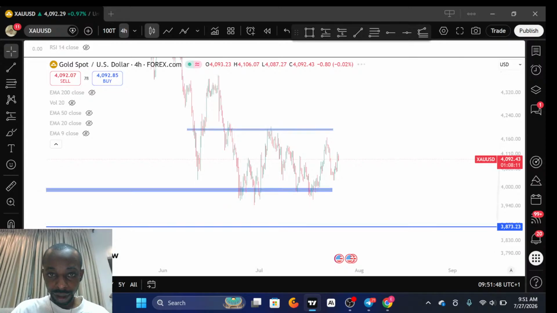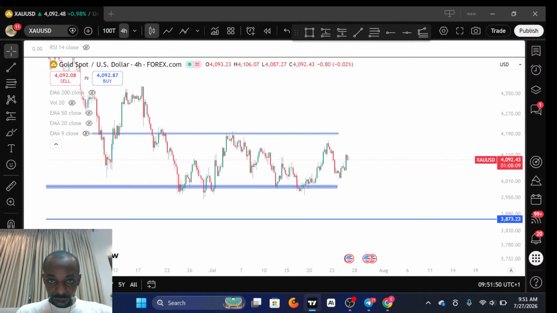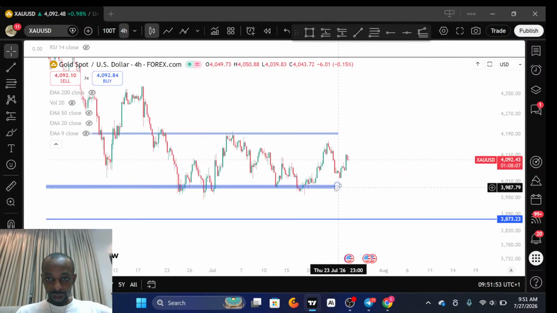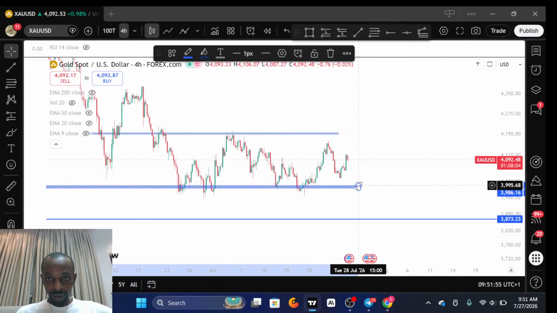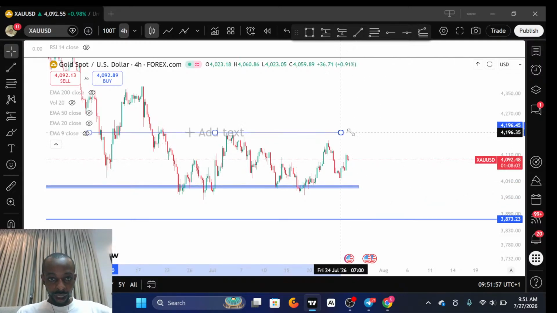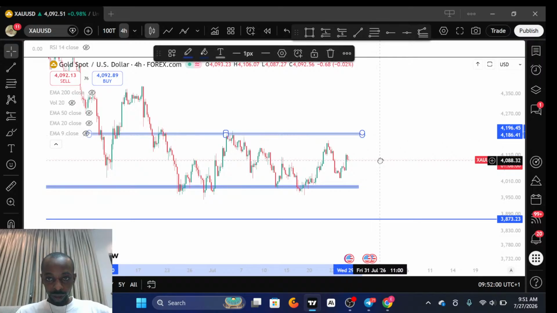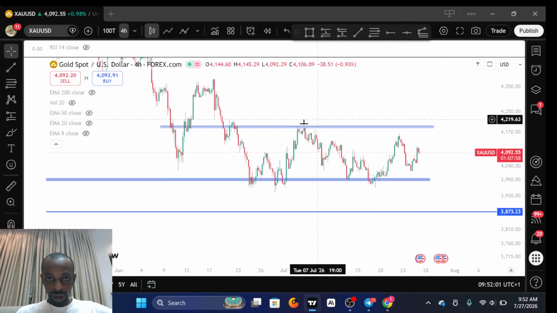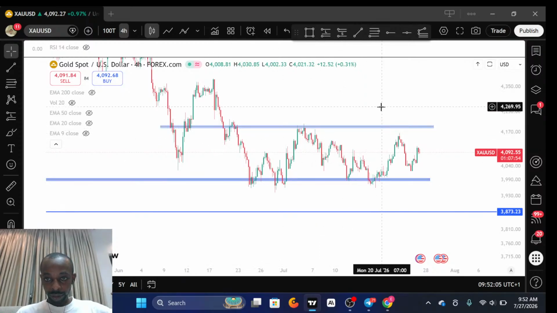So this is a 4 hours time frame. The market is already in a consolidation mode. That means we are likely not to see good trades today. You understand? Within this place and this place, the market is in a consolidation mode.